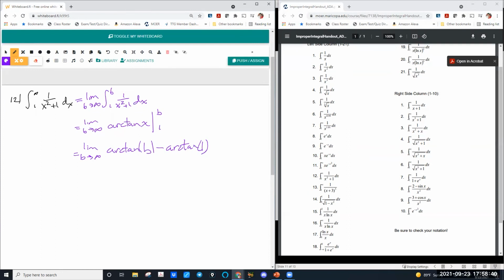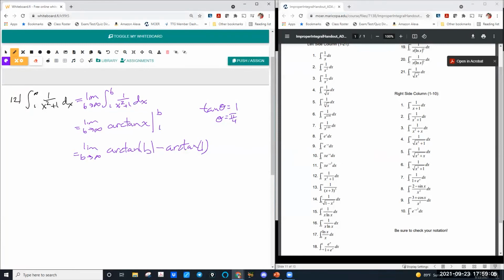Okay, so here's this guy we're going to have to do the limit on. Arctan of 1, remember what that means? That's saying tangent of what angle equals 1. Well, tangent is sine over cosine, so this is the angle where sine and cosine are the same. So that's at pi over 4.